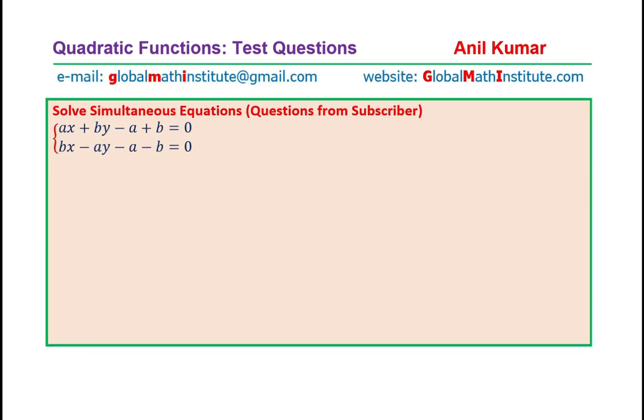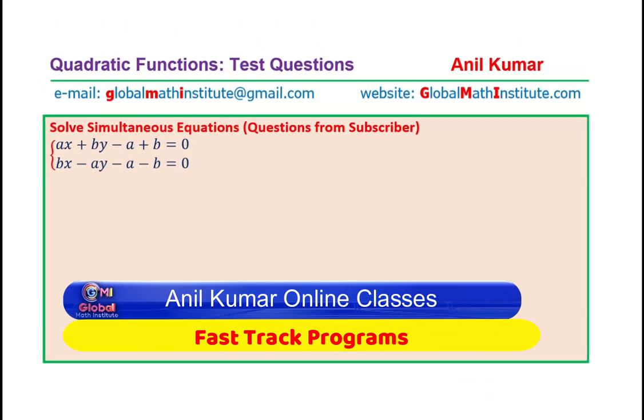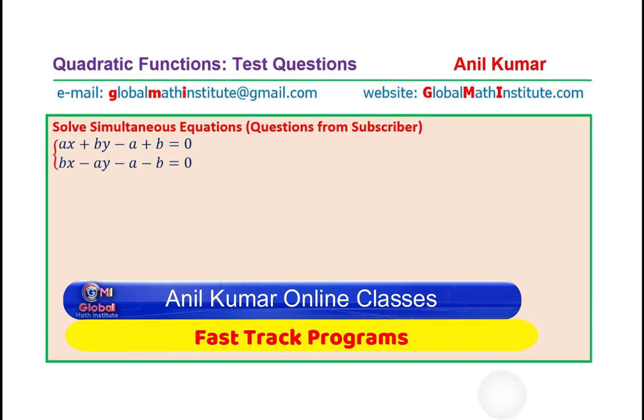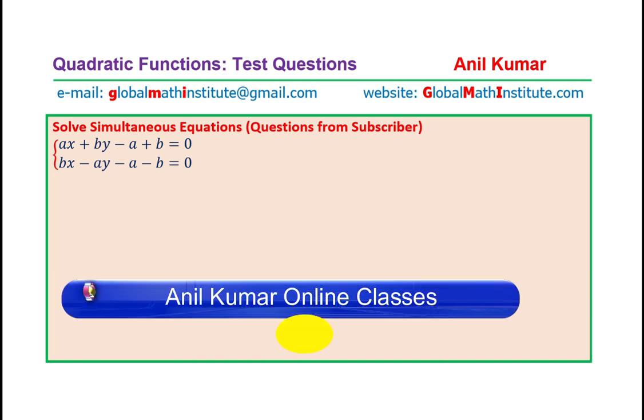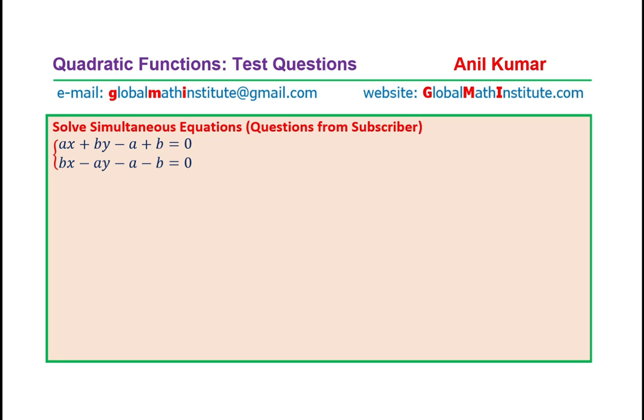It is ax plus by minus a plus b equals 0, and bx minus ay minus a minus b equals 0. So let's call them our equations. So here is the second question: ax plus by minus a plus b equals 0 and bx minus ay minus a minus b equals 0. Slightly tricky question. Let's begin by providing them with equation numbers 1 and 2.